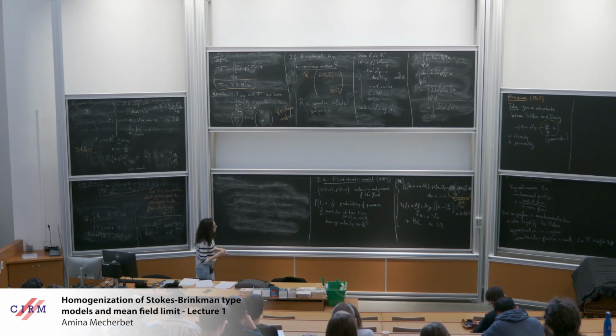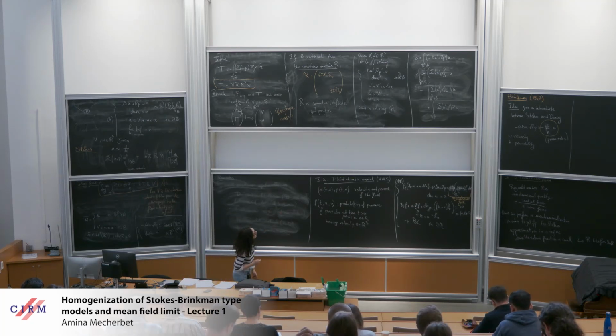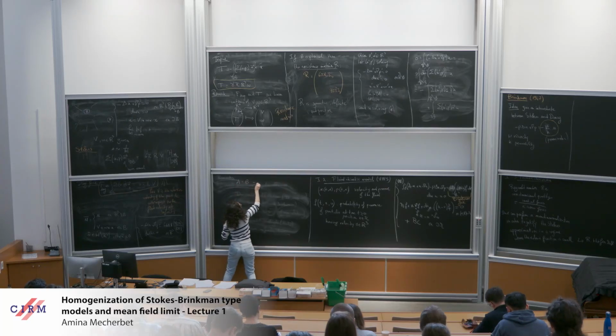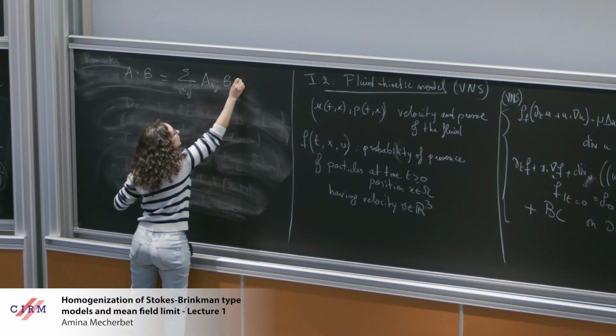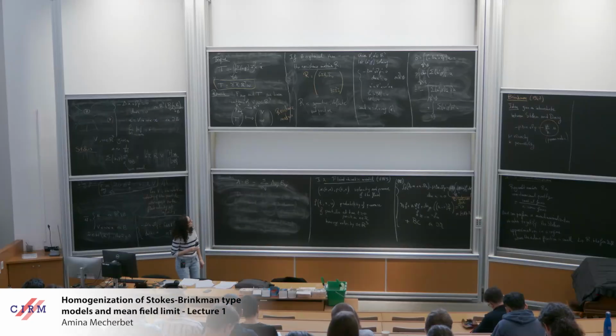So even when I speak about well-posedness and the functional spaces for the velocities, we will always forget about what happens to the pressure anyway, because we always work with divergence-free velocity fields. So for two matrices, this is just the dot product, okay, for any two matrices.